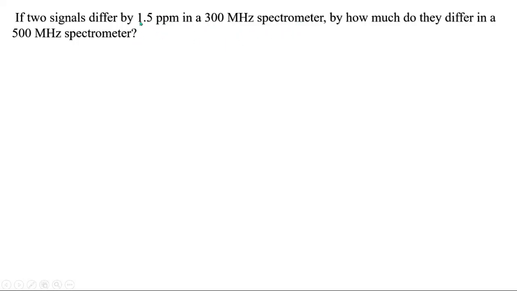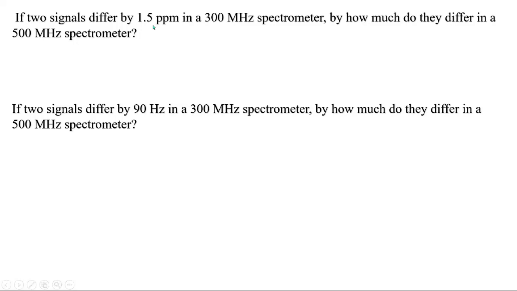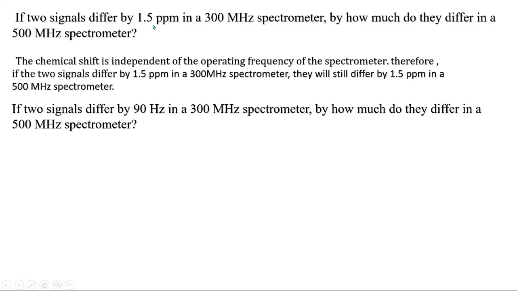How much do they differ in 500 megahertz? We already know that the ppm value will never change. So the difference in 300 megahertz is 1.5, and the difference in 500 megahertz also will be 1.5. The chemical shift is independent of the operating frequency and of the spectrometer, therefore they will differ by 1.5. The answer is 1.5, that remains the same.